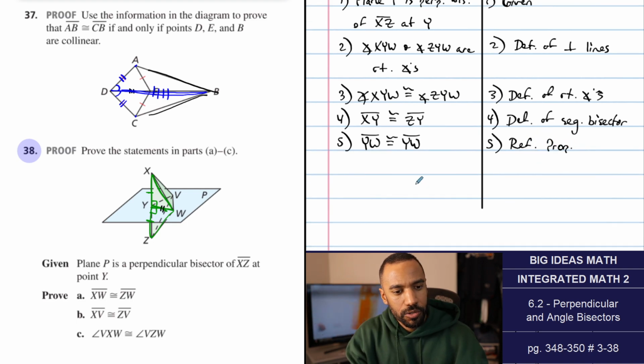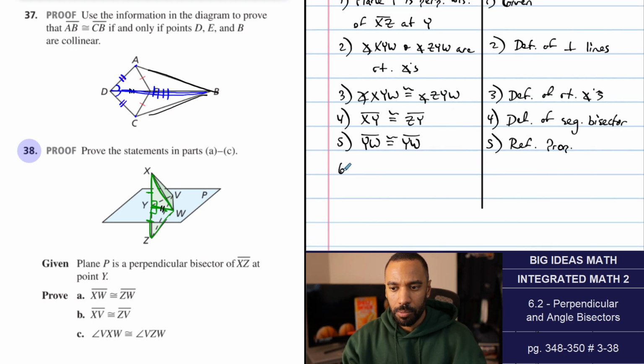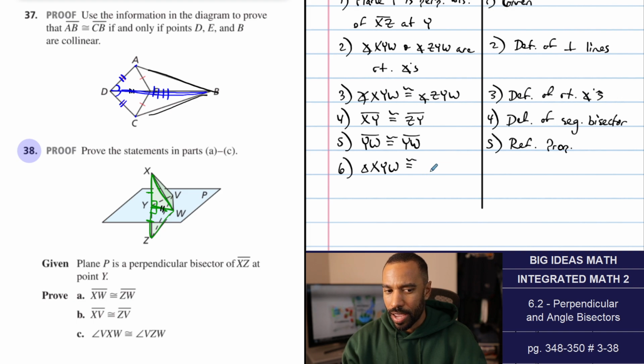So these two triangles are congruent by side, angle, side. We got side, angle, side in both. Doesn't matter that they're right angles. We just stated that they're congruent, being right angles. So we can say triangle XYW is congruent to triangle ZYW by side, angle, side.